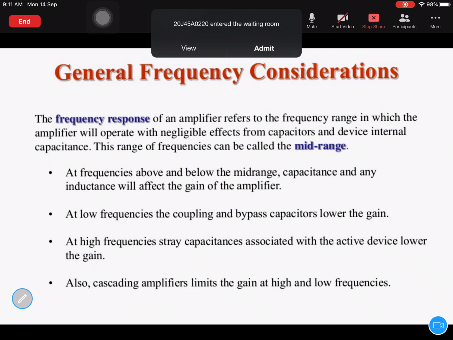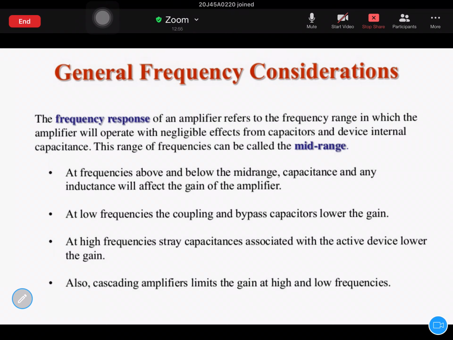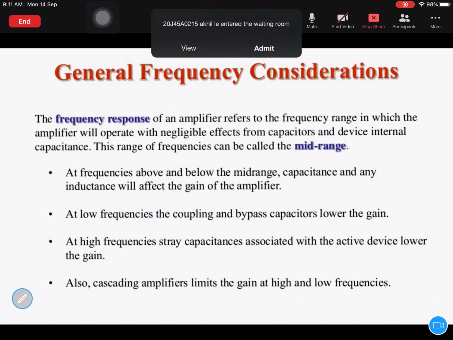Under certain frequencies only, the capacitance effect of these particular capacitors will be negligible. If you go beyond this range of frequency, the capacitors will have a profound effect on the amplifier circuit, and thereby an effect on the voltage gain and current gain. It might reduce the current gain or the voltage gain, which is not desirable, because we want the gain to be at the highest value.